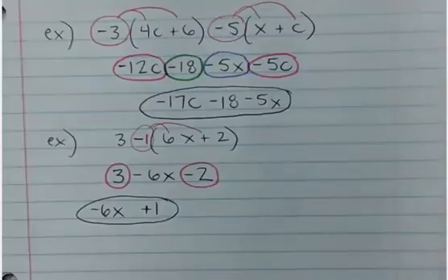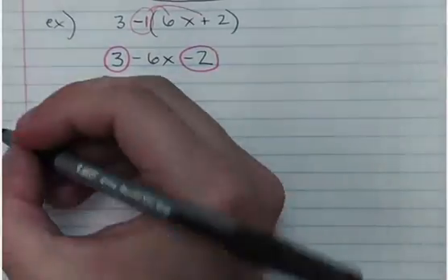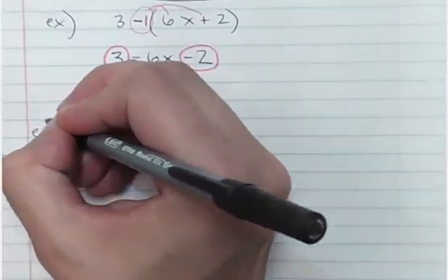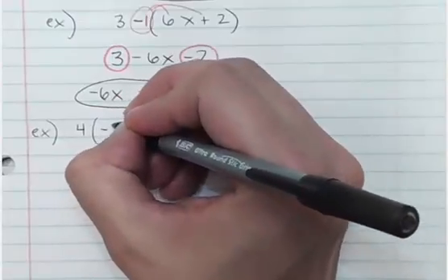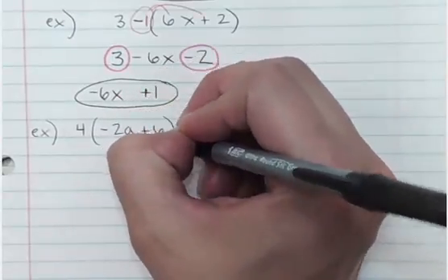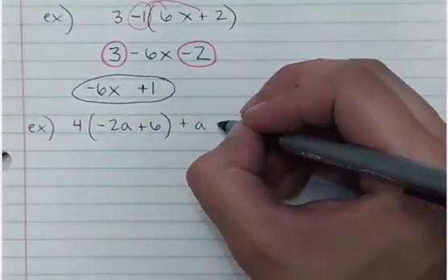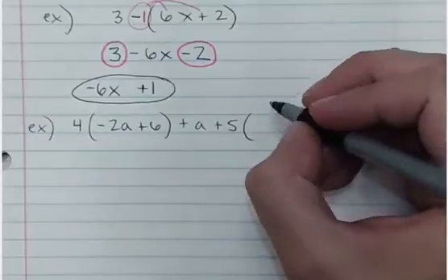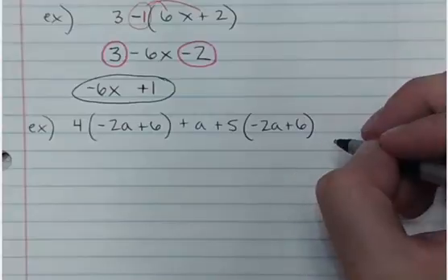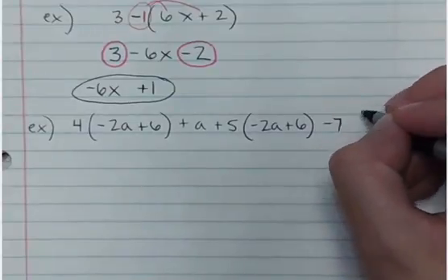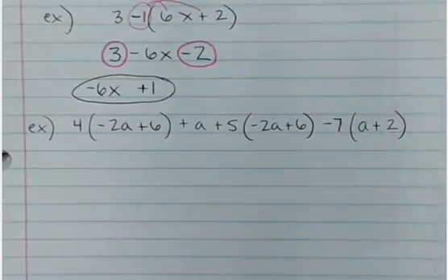Let's try one last one, nice and long, and see how many of us can get it. I'll give you a couple minutes on this one. Miss Osborne will pause it for you. So if I have 4 parentheses, negative 2a plus 6 parentheses, plus a plus 5 parentheses, negative 2a plus 6 parentheses, minus 7 parentheses, a plus 2 parentheses.